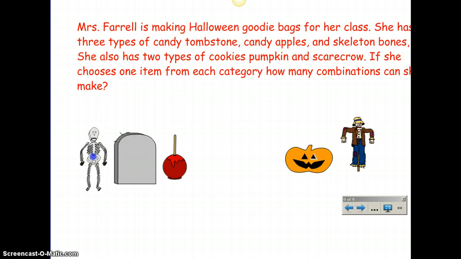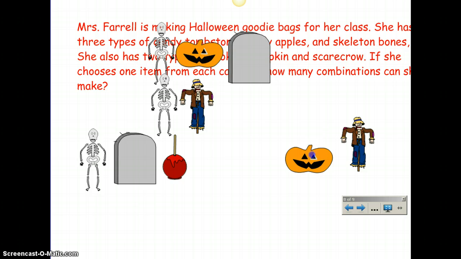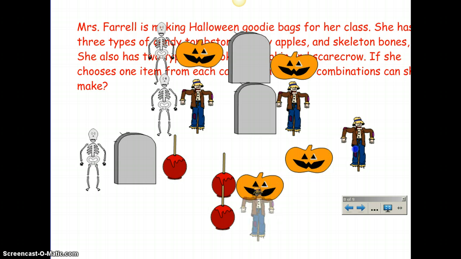I can do skeleton, pumpkin cookie, skeleton, scarecrow. Then I could do tombstone, pumpkin cookie, tombstone, scarecrow, candy apple, pumpkin, candy apple, scarecrow. And I can count all those combinations: 1, 2, 3, 4, 5, 6.